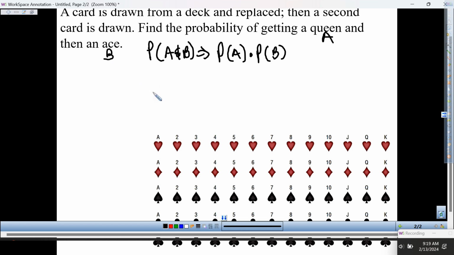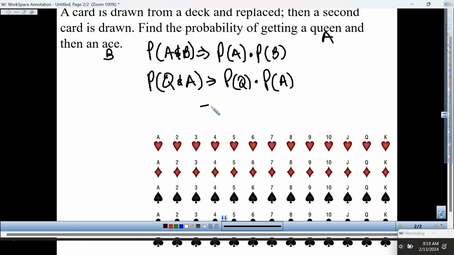So therefore we write P of queen and ace. Okay. Which means P of queen times P of ace. So tell your neighbor the probability of drawing a queen, then the probability of drawing an ace, and then Peyton's going to pass it to someone.